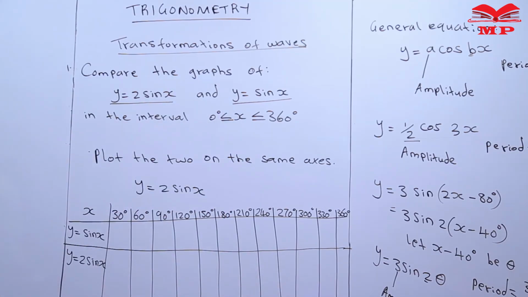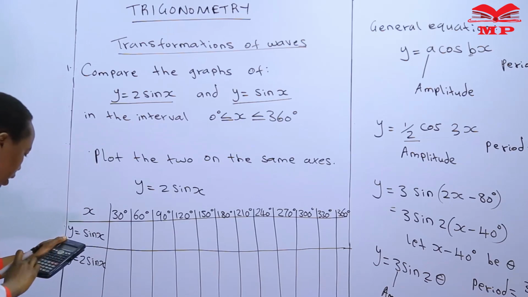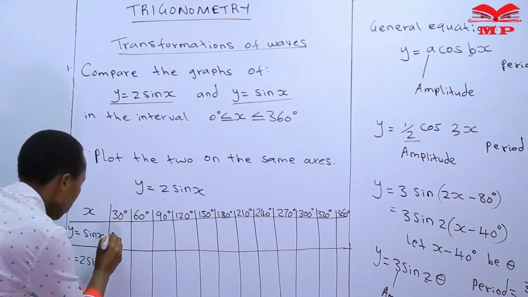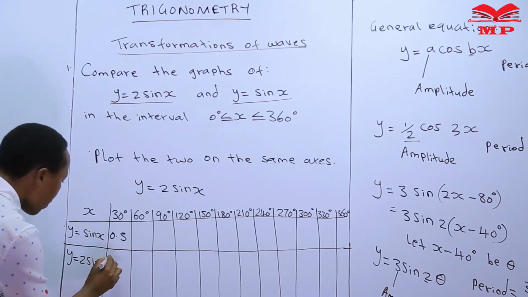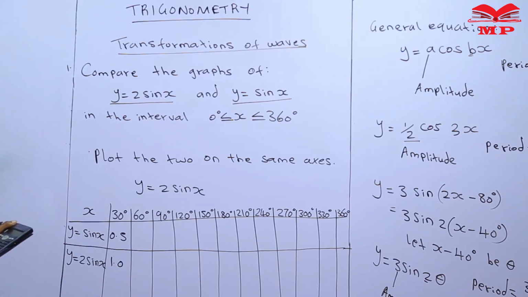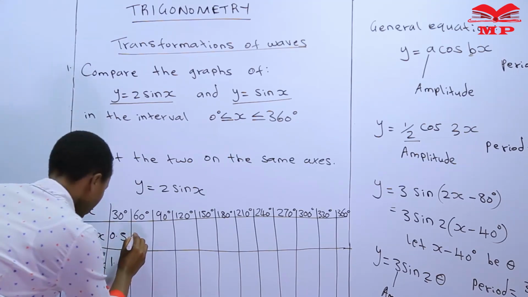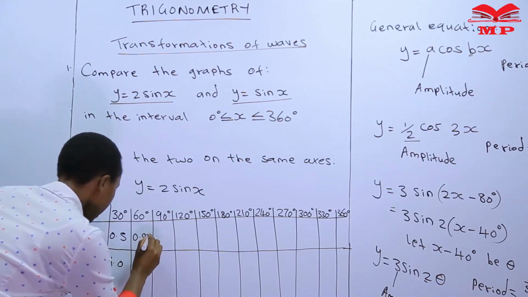So we need to fill that table so that we can draw the two waves on the same axis. So for the first one, we have sine 30 degrees, which is 0.5. Then here we are just multiplying this sine x by 2. So 0.5 multiplied by 2, we get 1, which is 1.0 to 1 decimal place. Then we have sine 60, which we can round off to 0.87.